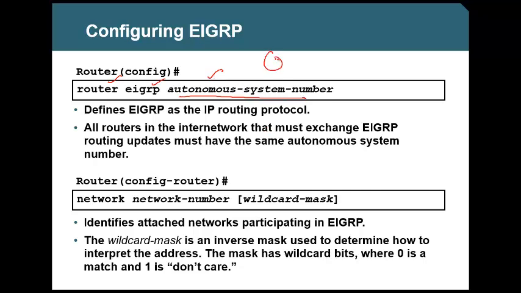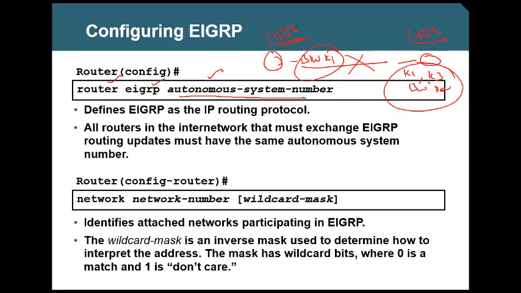If one router focuses only on bandwidth, which is K1, and all the rest are 0, and another router focuses on both K1 and K3, which is bandwidth and delay, they cannot form a neighbor, even if they belong to the same autonomous system, 1000. Even though the autonomous system number is the same, because the K values are mismatching, they can't form a neighbor.